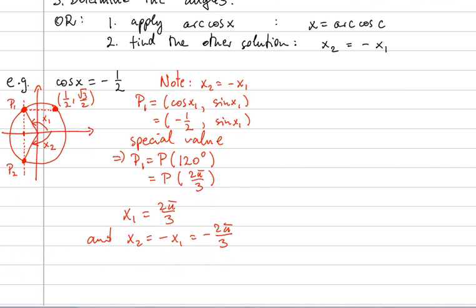Now, of course, we have to add all the other solutions that we obtain by adding a number of full circles to either one of those. So we have to add extra solutions.